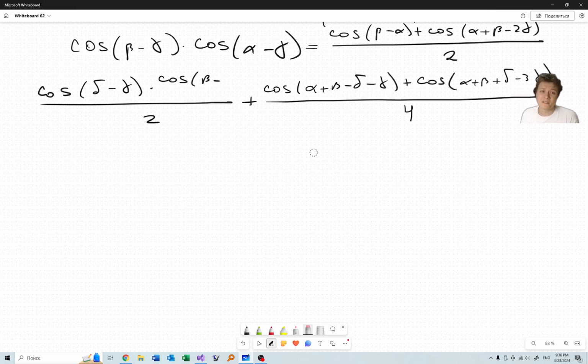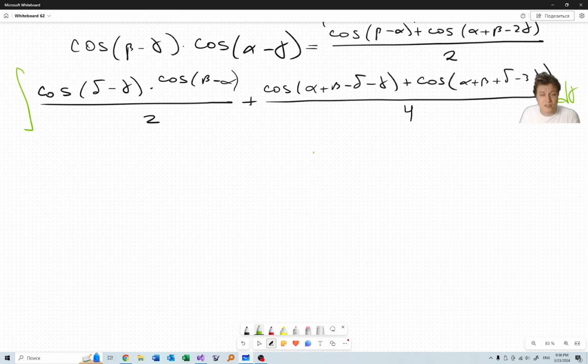It will get us a symmetric form, which I kinda like. On the other hand, there are reasons not to do it. Okay, let's avoid complications. So now we need to integrate it d gamma.